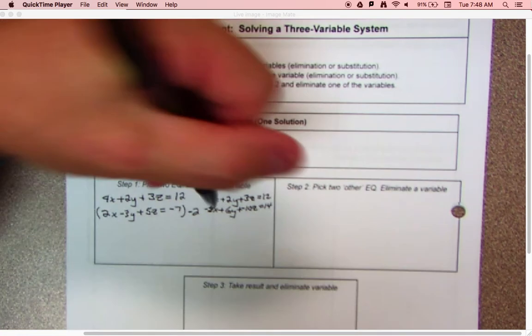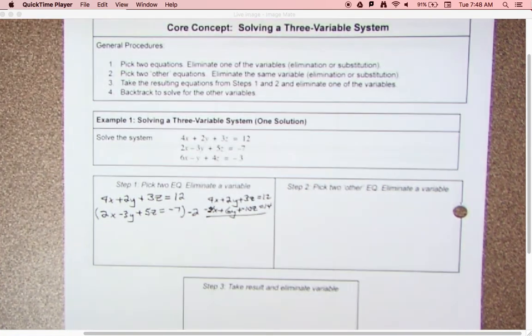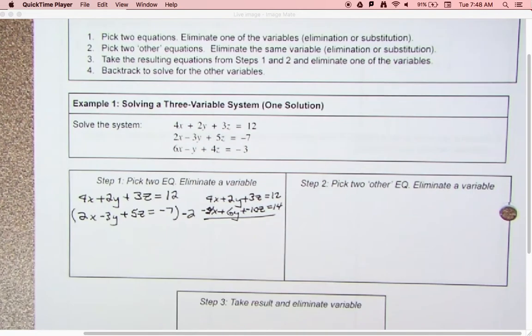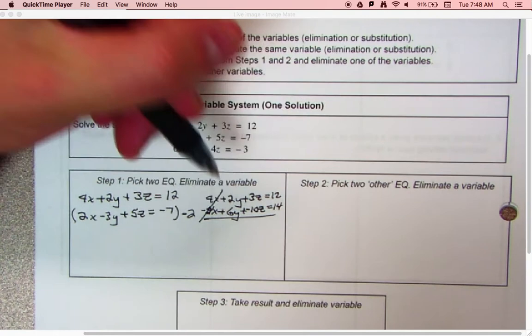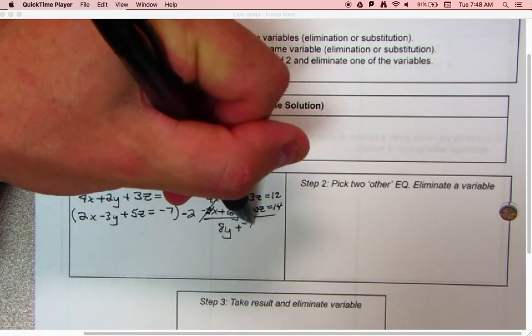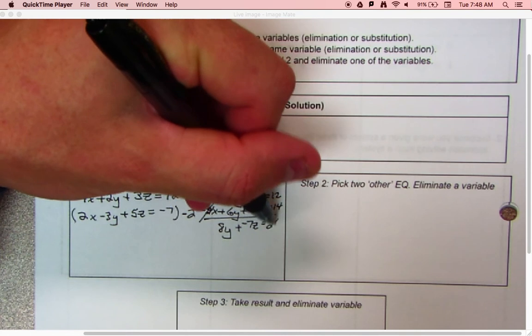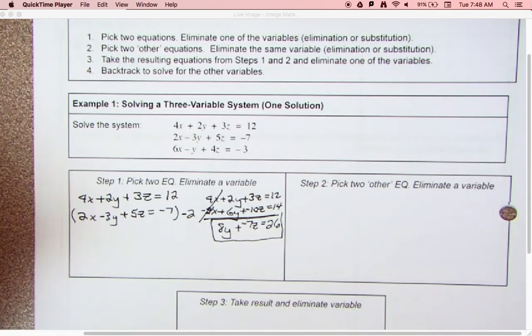All right, now we do our elimination process. Our x's are going to eliminate, and so those are going to be gone. And so we add these 2 things together, and I get 8y plus negative 7z equals 26. Okay, that's my first step right there. So I eliminated x's there.